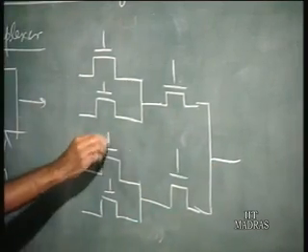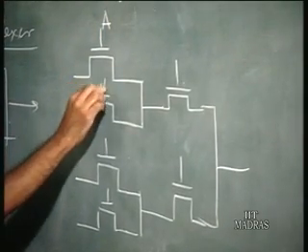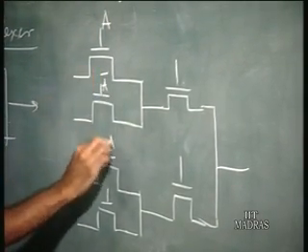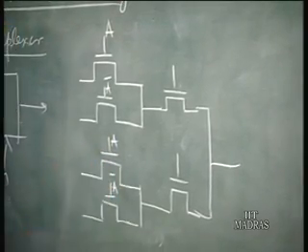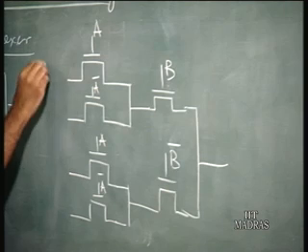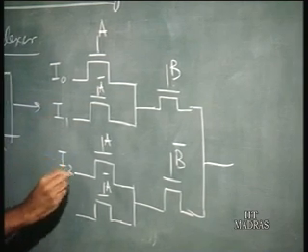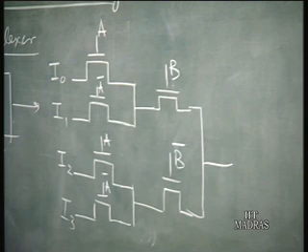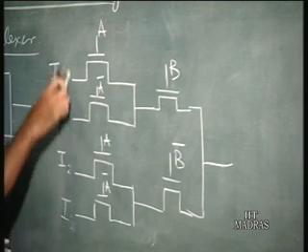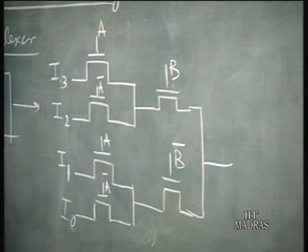So let the control inputs be called A and B. Suppose this input is A, this is A bar, this is again A, this is A bar. This is B, this is B bar. So this is input 0, input 1, input 2, input 3. I think I should write it the other way around, that is 0, 1, 2, 3.